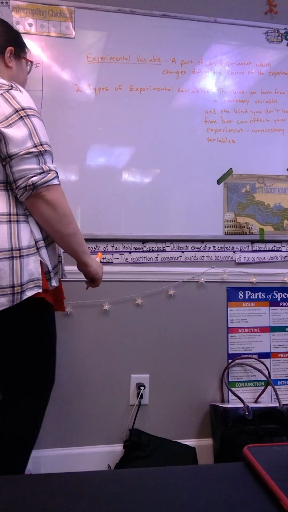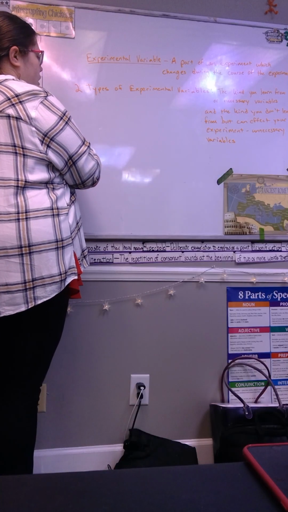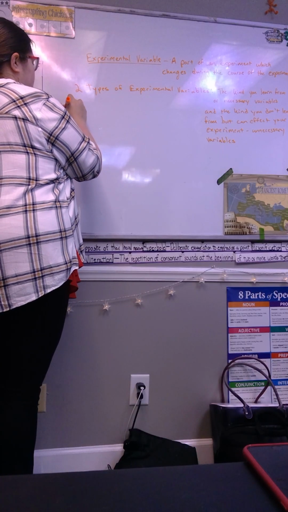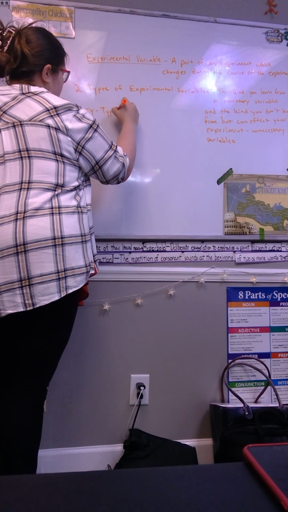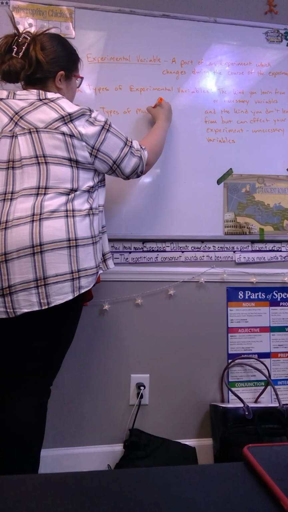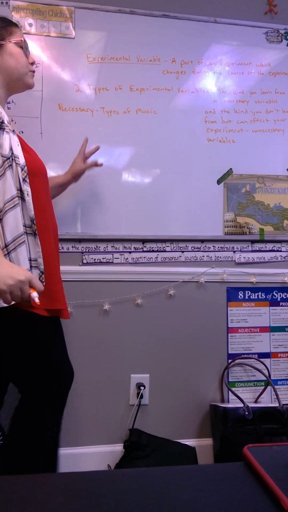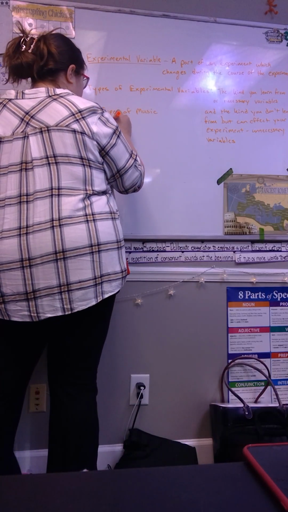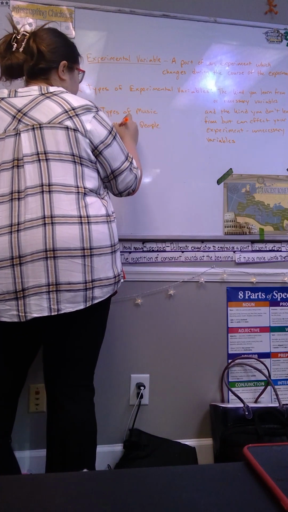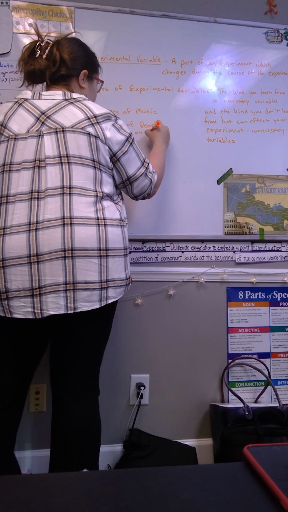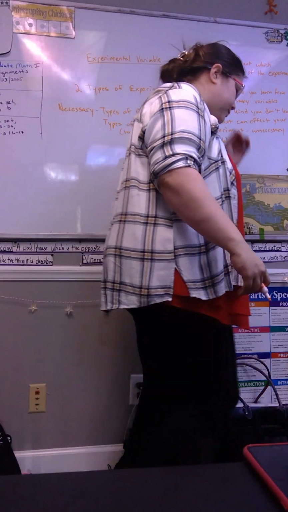So in that experiment that we were talking about doing, necessary variables would be types of music, and types of people to an extent. And what do I mean by to an extent?